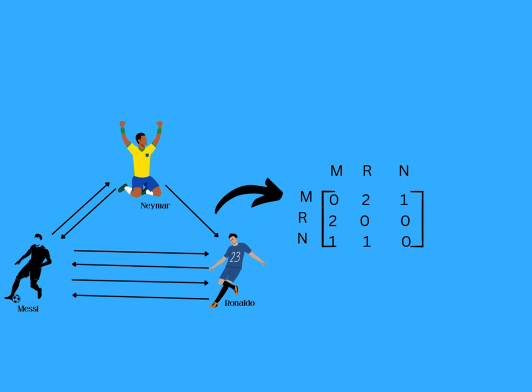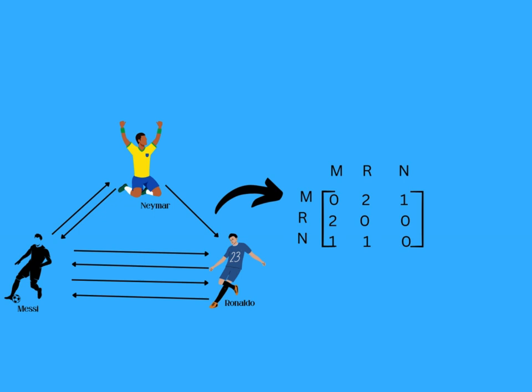Now Messi passed the ball to Ronaldo two times. That's why the value of first row and second column is 2. Messi passed the ball to Neymar one time. That's why the value of first row and third column is 1. And Ronaldo passed the ball to Messi two times.